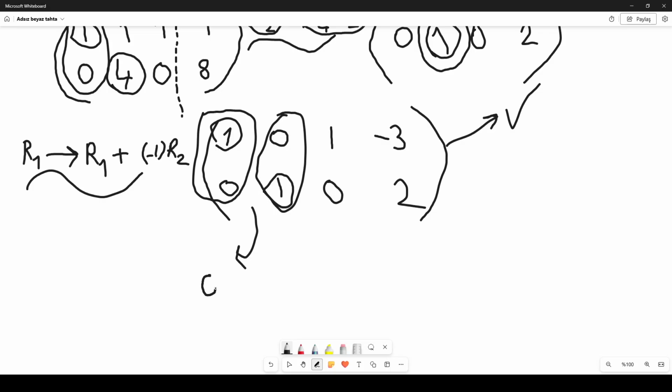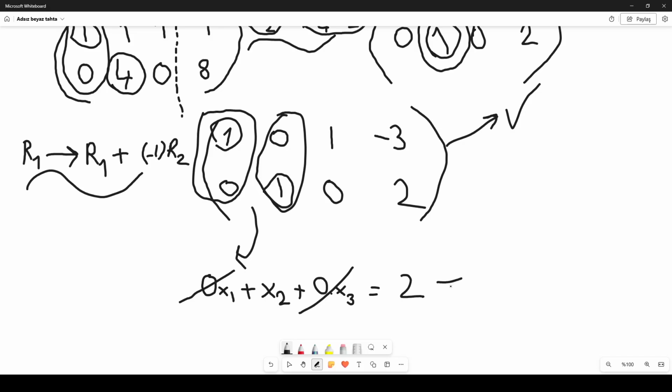Based upon the second row, we got 0x1 plus 1x2, which is equal to x2. I don't write 1 again as a coefficient in front of it. And I also have 0 times x3 is equal to 2. And these values are cancelled out. They're all zeros, right?